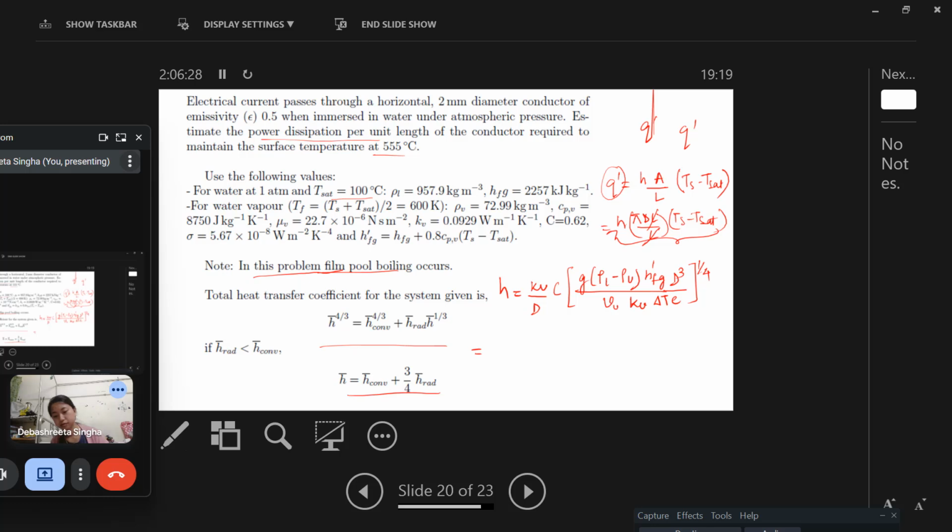So what is k_v? k_v is the vapor conductivity, 0.0929, divided by D, the diameter, 2 millimeters, so 0.002.